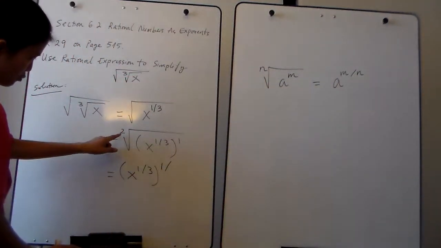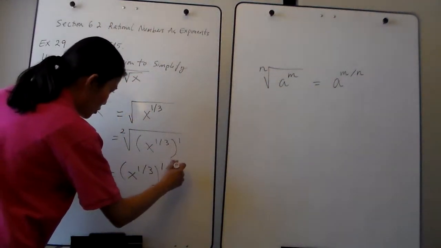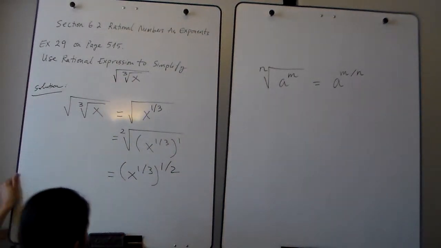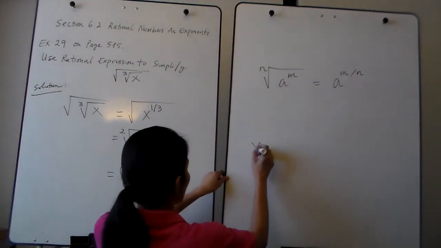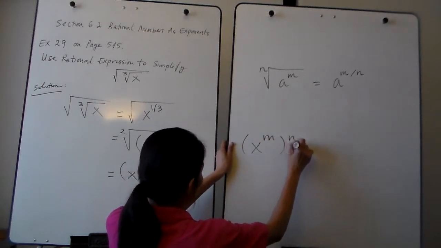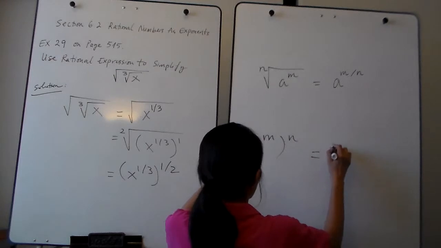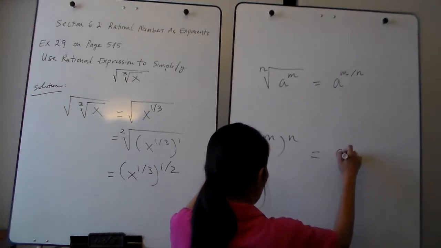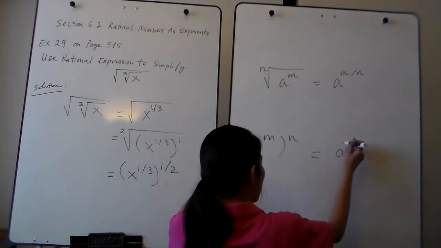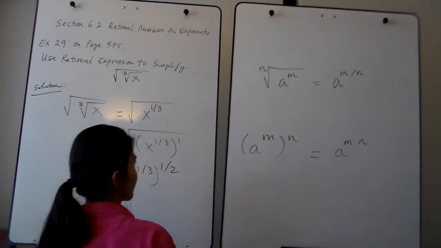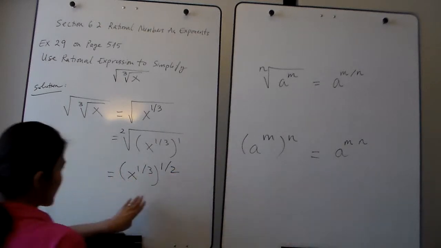And we have square root here, so we divide by 2. Okay? Now, again, using the law of exponents, we know that we can simplify this too. We can simplify this using the law of exponents as a, take the product of the exponents m times n. Okay? So I'm going to use this formula and apply it here.